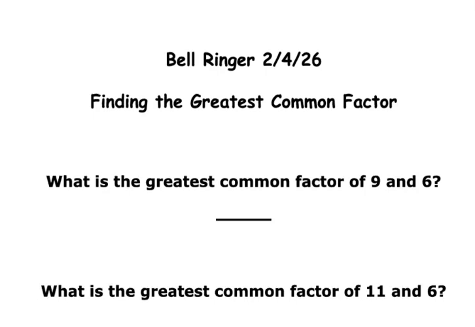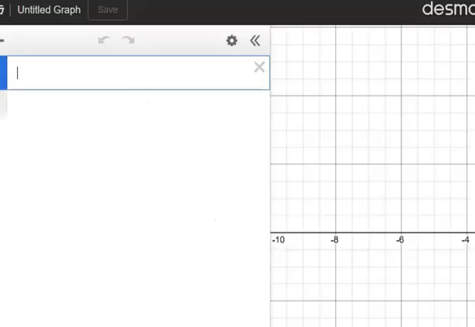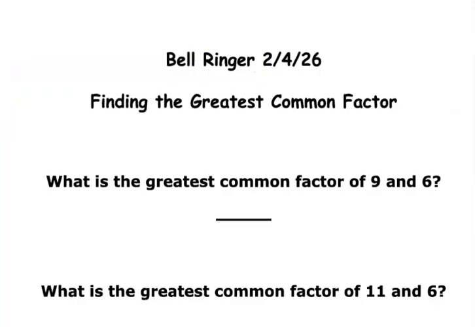All right, let's get started with this bell ringer. And we're going to do greatest common factor. So what you're going to do is open up this DESMOS right here. We're going to find the greatest common factor of 9 and 6.